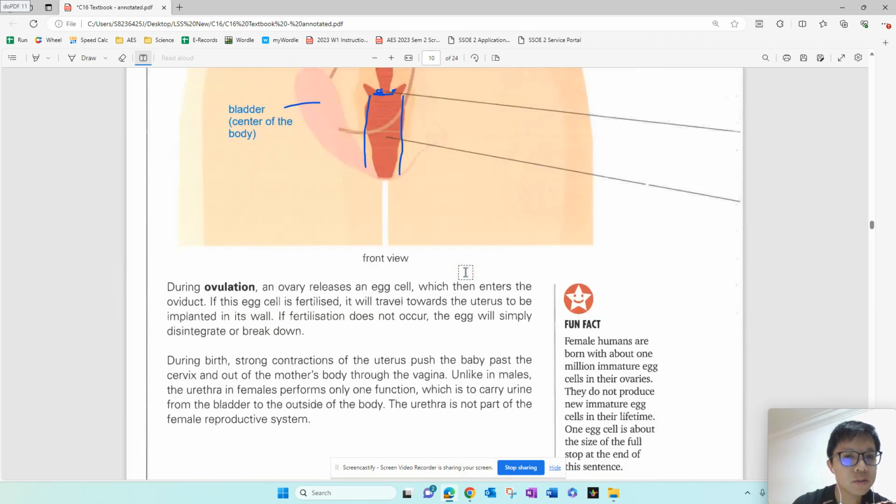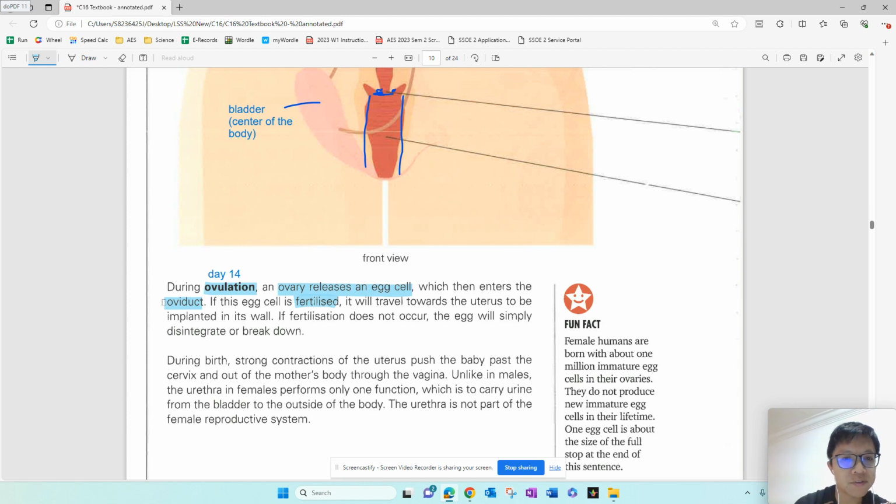Just to recap a little bit, what's important here is we need to understand that during ovulation, which is on day 14 of the menstrual cycle, the ovary will release the egg cell, and it will be fertilized at the oviduct.